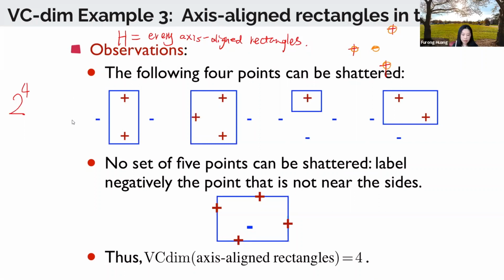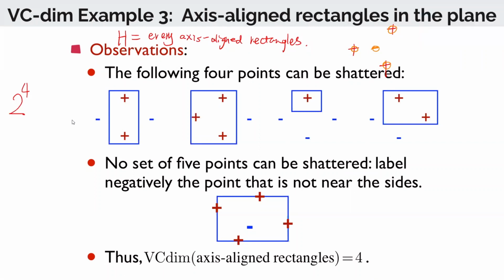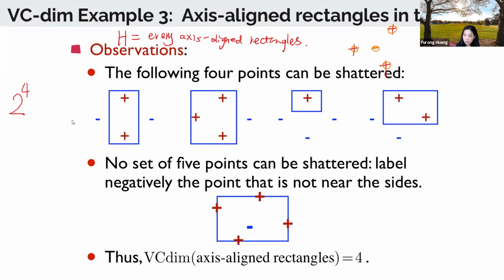Can you remember, when we're talking about lower bound, we're talking about existence? Yeah. Okay, so apparently this is not a good example because it cannot be fully shattered.